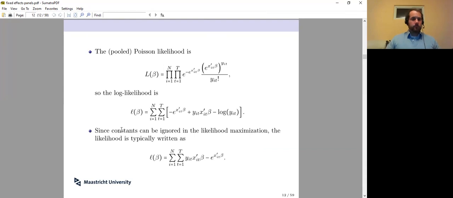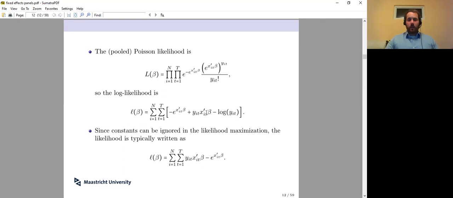Now the next thing is simply a little bit of notation. If we are in a panel and we pool everything together, we assume independence across i and independence across t, then the joint likelihood is simply the product of the individual likelihoods. Very simple here.